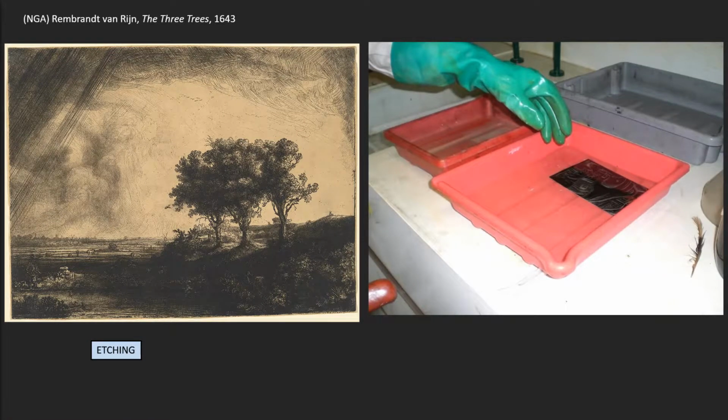And from the plate you can make multiples. We go back to this idea that Rembrandt is trying to market himself. Rembrandt is very much trying to make a living as an artist, and prints were an extraordinary way to do that. With a painting, when you get done with all the trouble to make the design, you've got one that you can sell. But with a print, when you get done making the design, you can keep printing them.